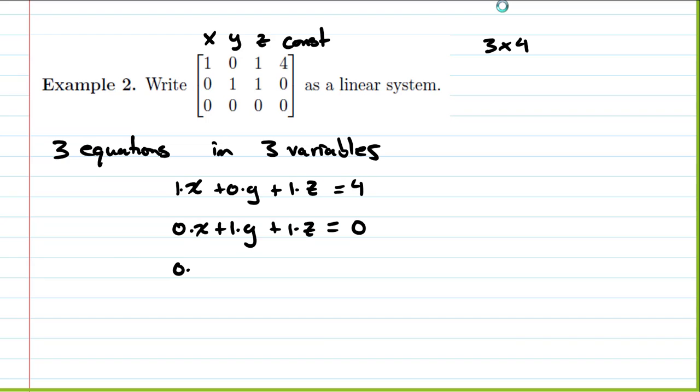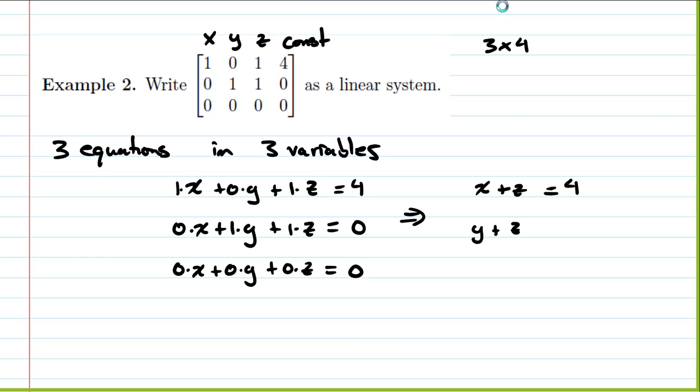And then lastly, we have 0x plus 0 times y plus 0 times z is equal to 0. Well, 0 times anything is just 0, and 1 times anything is just the anything. So this simplifies down to the following 3 equations. x plus z is equal to 4.